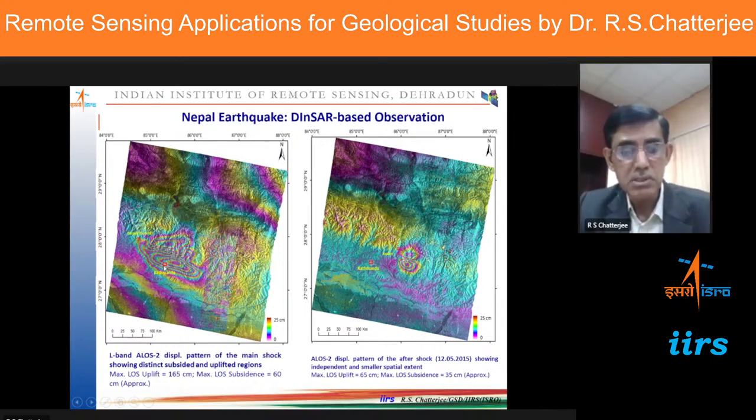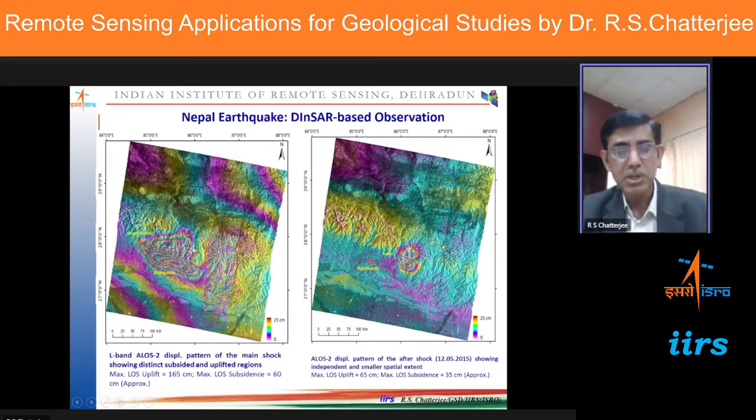This is Kathmandu, and this area subsided about 60 centimeter. So this area came up, and this area went down. And due to this major aftershock near Kodari, you see this area was uplifted, this area was subsided.